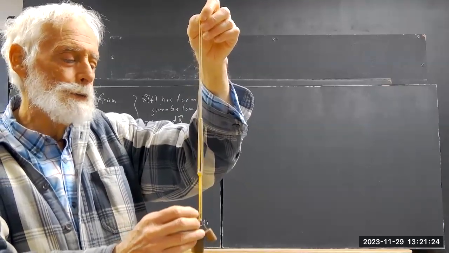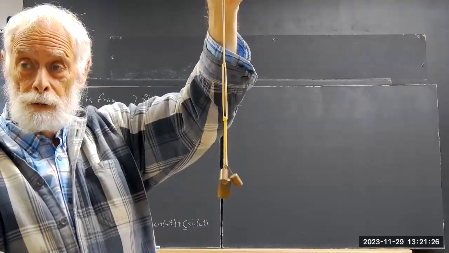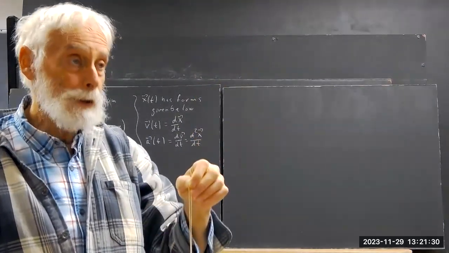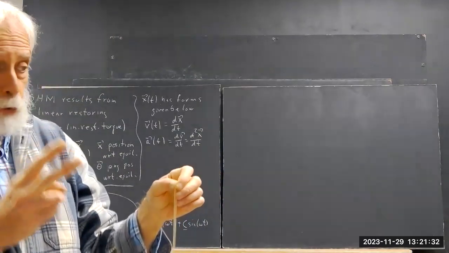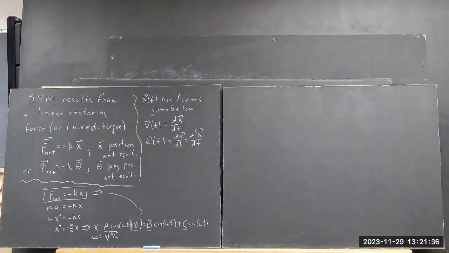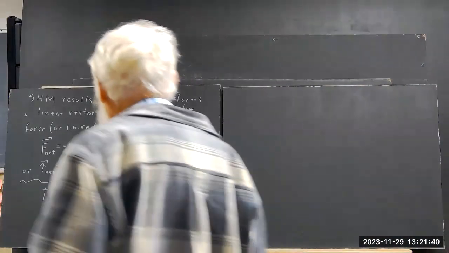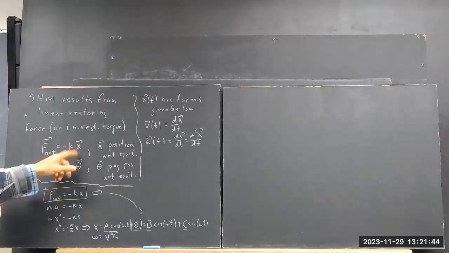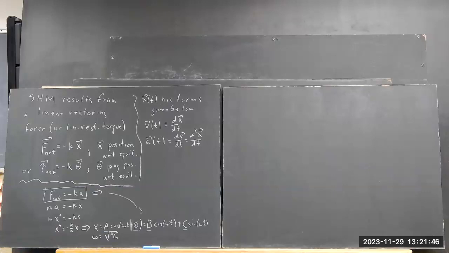But come on, this is way easier than threading a needle. So I can just measure the length. From those two measurements, if the rubber band is linear, I can easily determine k because I have two values for x and two values for the force.